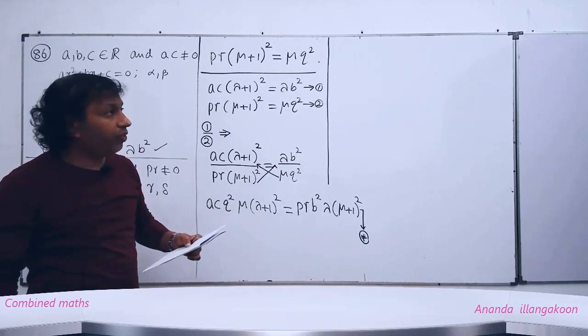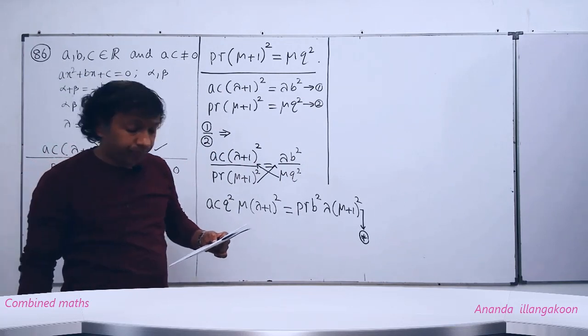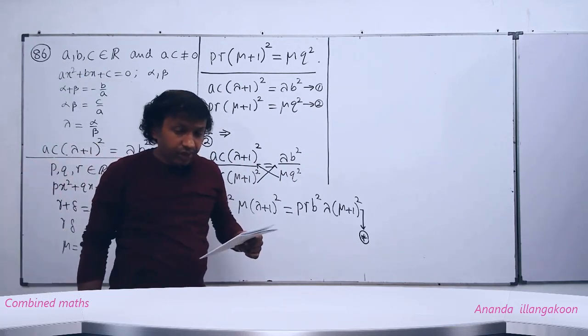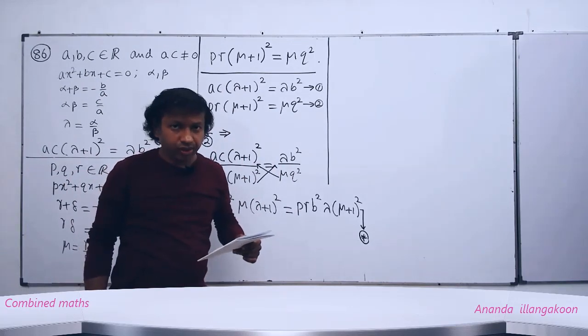All right. Now we'll write like this. Then we start from where, people? ACQ squared equals PRB squared. From there we'll start.